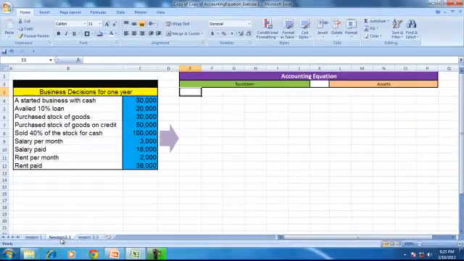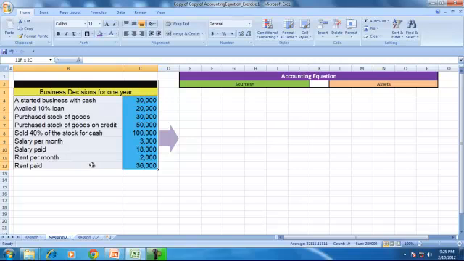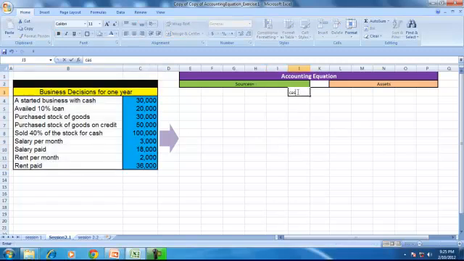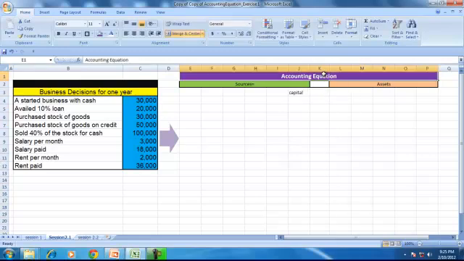So in this session, once again, I'm going to pick up a set of simple transactions and convert that into the accounting equation. In the process, I'll explain the relevant accounting concepts. So the first one: started business with capital equal to cash on that particular date.